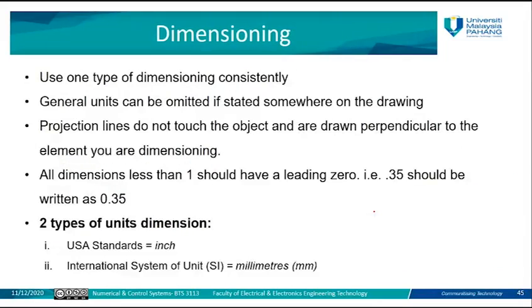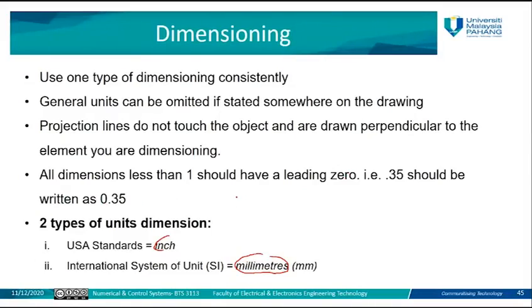So the most common types of dimension units, as we said, are the US standard, which uses inch, or the international system of units, SI, which uses millimeter. So all the dimensions should be either in inch or in millimeter, and should be consistent. It's not that some of the figure has inch and some has millimeter. No, either all millimeter or all inch. Also, if the value is less than 1, you need to add the point.